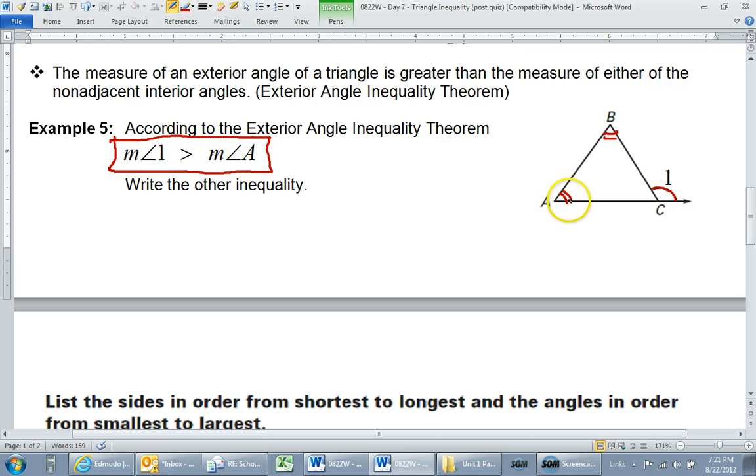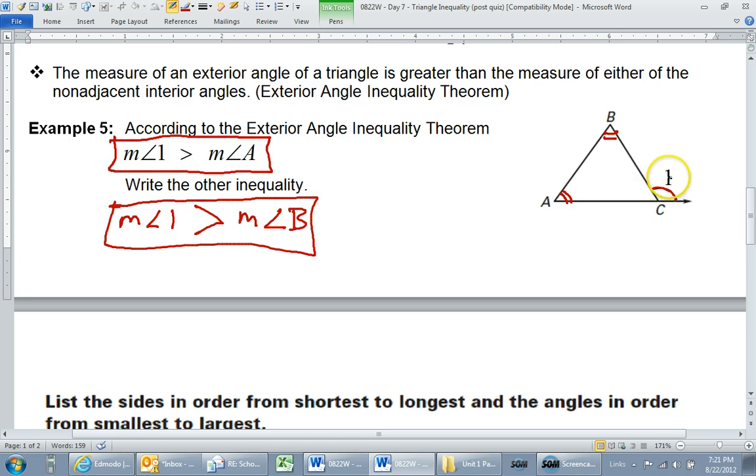But that's just one of the angles. It should also be bigger than the other one. So right here on example 5, the measure of angle 1 should be greater than the measure of angle B. Those are the two inequalities that I could write about the exterior angle.